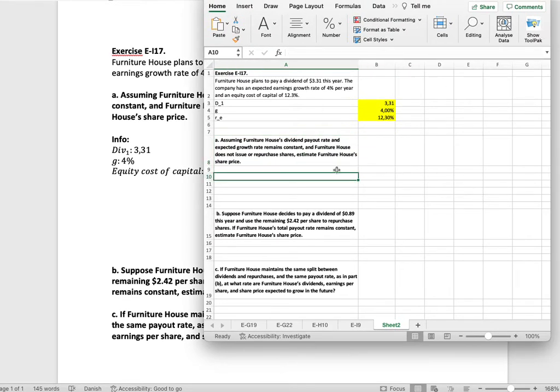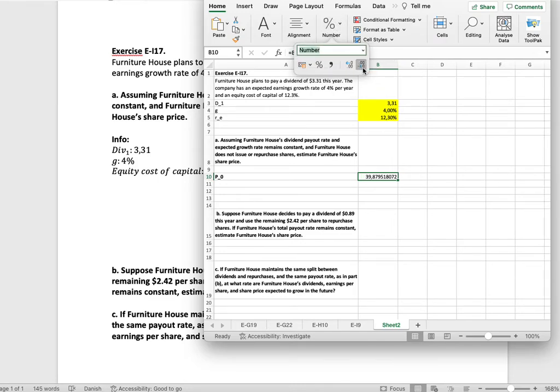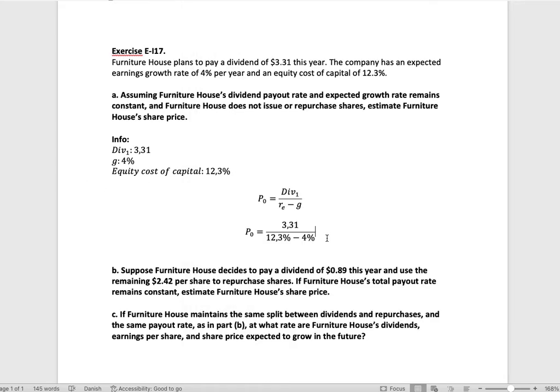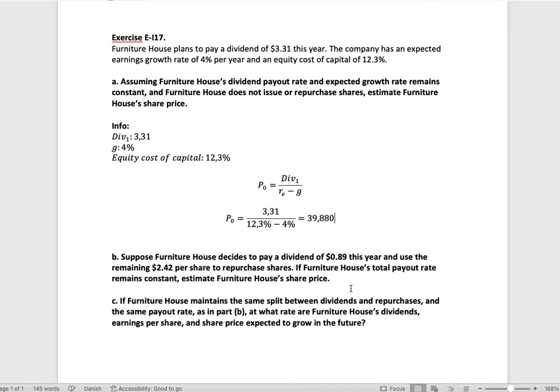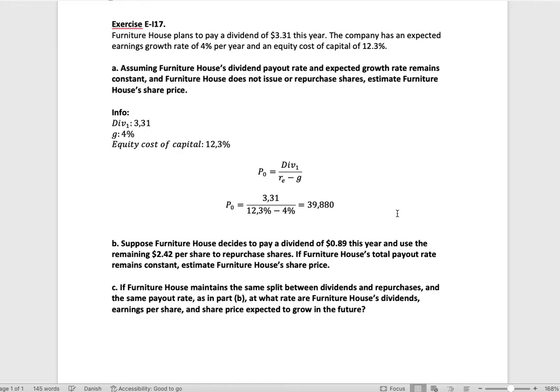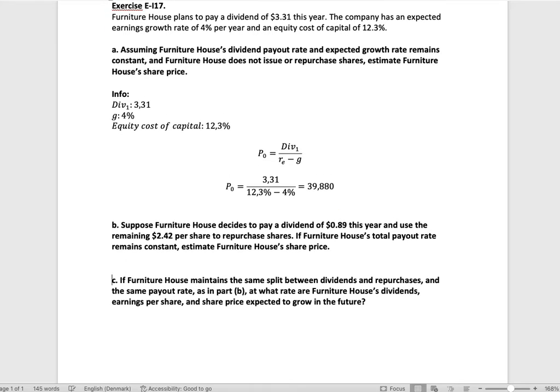We do this by just taking this one minus that, and then we get the price of the stock, with 3 digits. Okay, so we already know that, but it is always nice to be reminded of how that was.